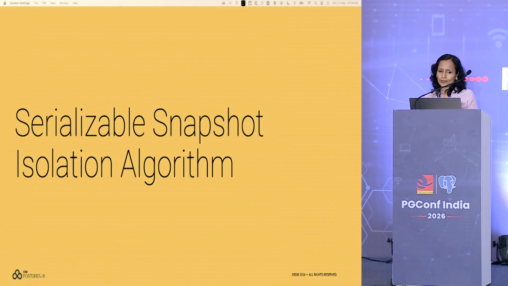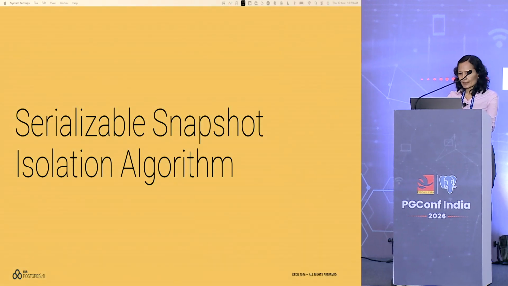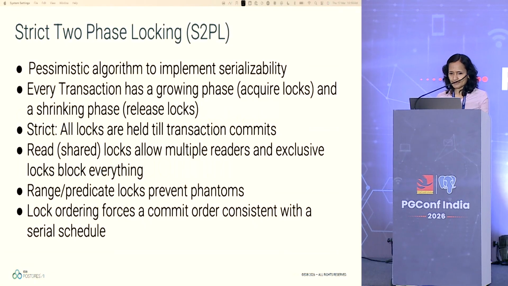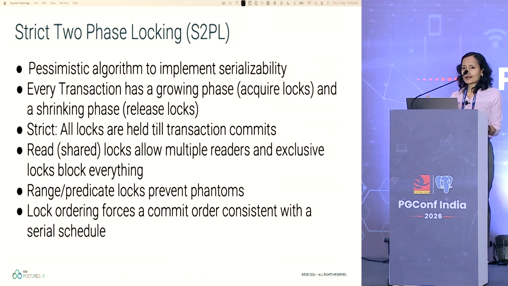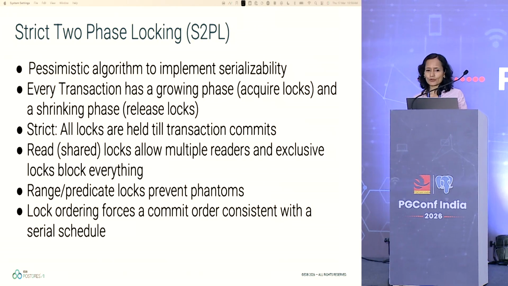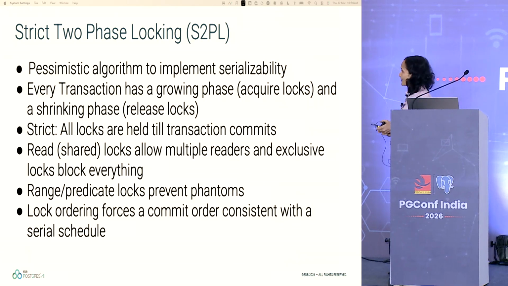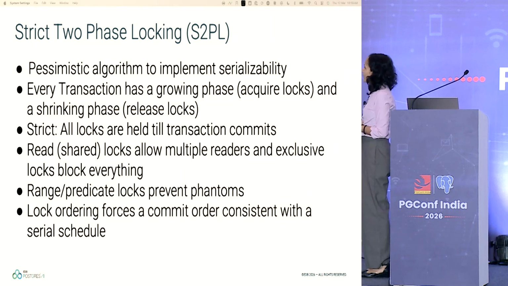Coming to the SSI algorithm, we have developed some intuition about cycles, and we look at what the algorithm says. Before that, this is just a slide to give context on strict two-phase locking, which is how serializability is implemented in most databases. It's a pessimistic algorithm.